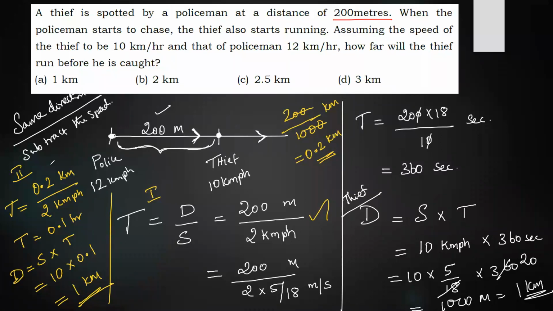Try to write both the conversions, in terms of meter per second as well as in terms of kilometer. If you want to convert meter to kilometer, just divide by 1000. Speed is 10 kilometer per hour, so 10 into 0.1. Both are in kilometer per hour and time also in hour. So just multiply 10 into 0.1, 1.